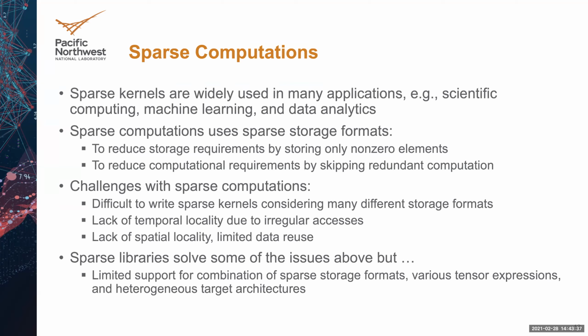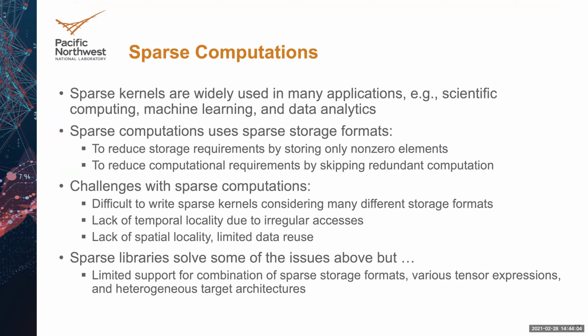For sparse computation, there are different storage formats because we don't want to store the sparse matrices in the dense format because of the storage requirement. And there is no need to do the unnecessary redundant computation, considering that there are a lot of zeros. But there are a lot of challenges with sparse computations.